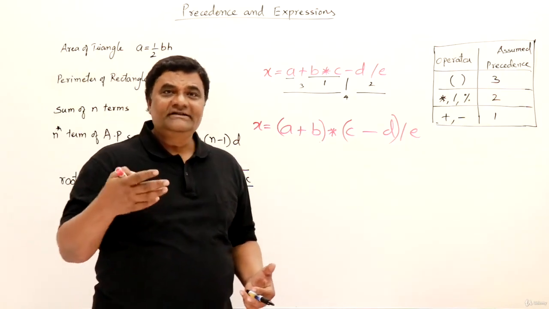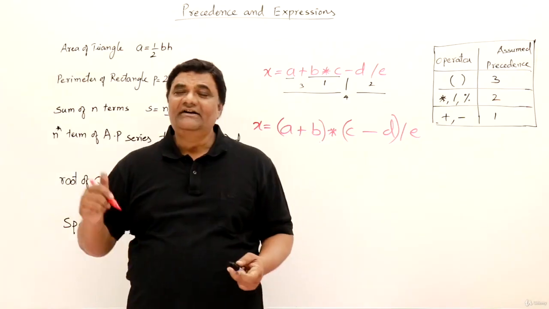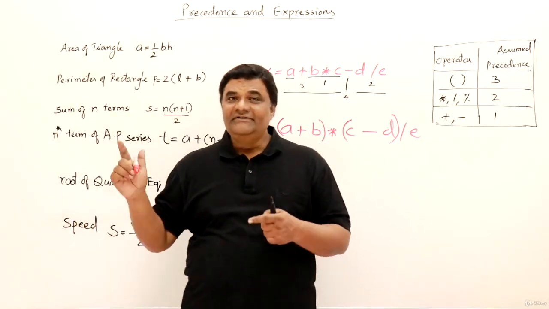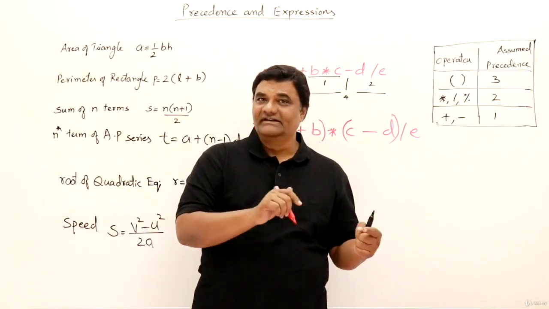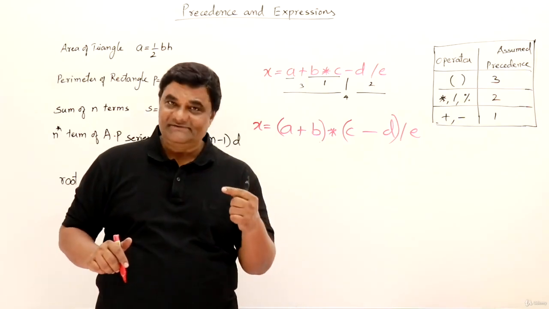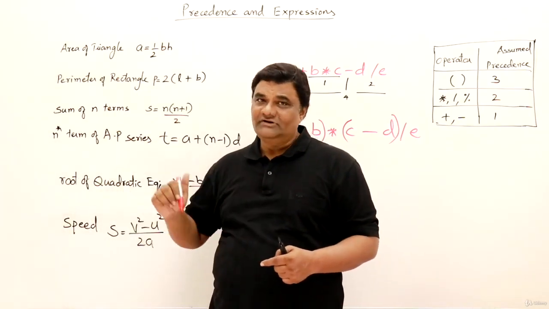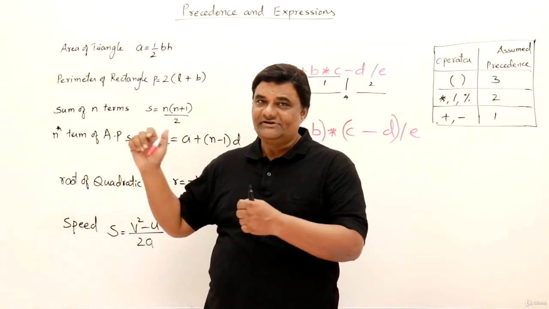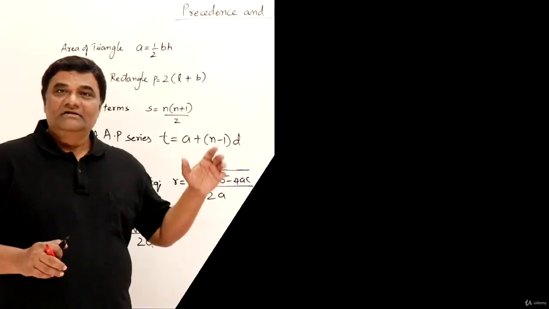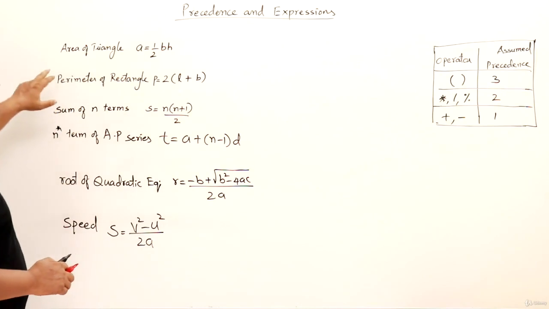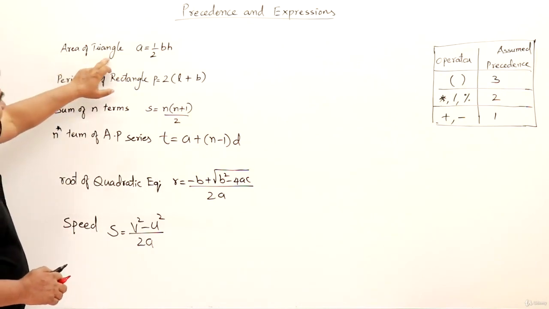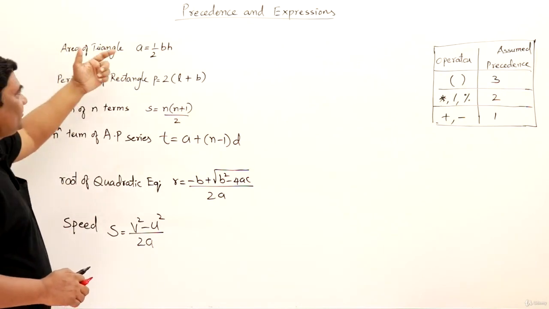Now, for learning and practicing this, I have taken some formulas. I will show you how to convert these formulas into expressions of a C++ program. Then later, we will be writing programs on these also. So let us write down expressions for the formulas. See, the first formula is the area of a triangle. You should know the formula.